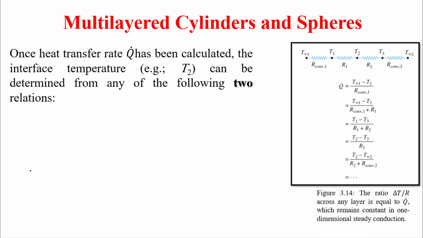Okay. Now here, if we have multi-layer, we'll ask the same question. Sometimes we need to find out T2. This one, everything known, we could calculate Q from T infinity 1 and T infinity 2 divided by R total.